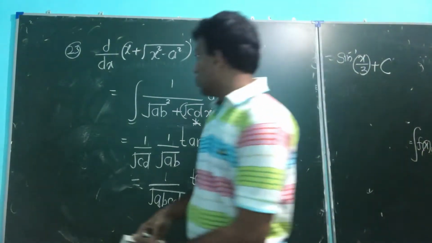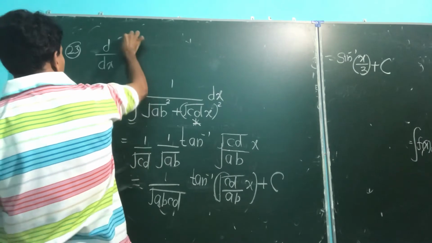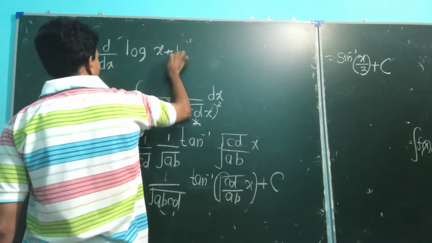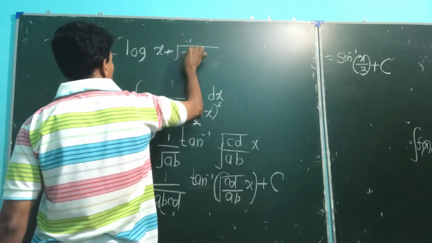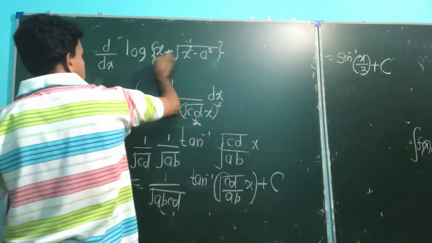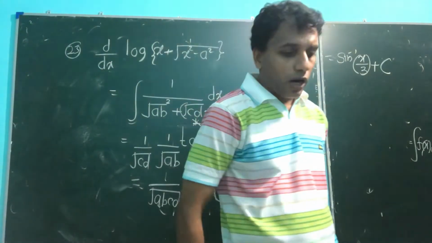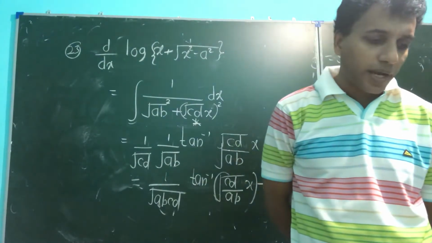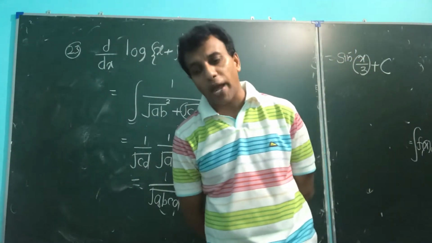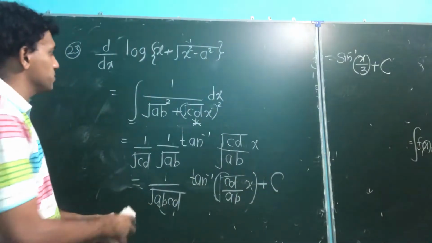Logarithm of x plus square root of x square minus a square. See, what is the differential coefficient of that? Hence find, there's a standard form for the integration.